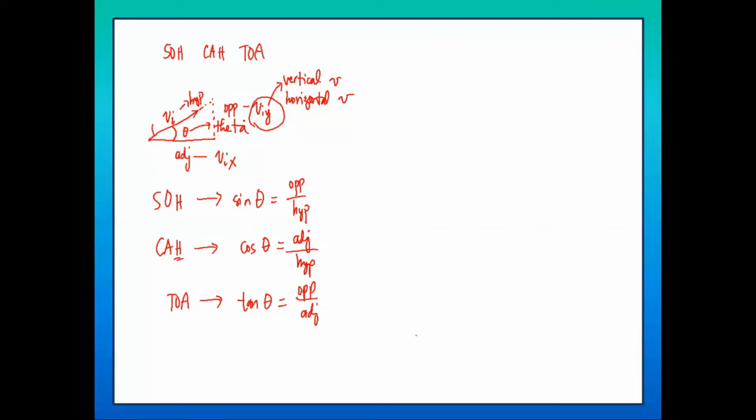So, if we're after v sub iy, sine theta is equal to v sub iy over your hypotenuse, your v sub I. Okay, so if we're going to simplify this one, cross multiplication, what will happen here is that this becomes v sub iy is equal to your v sub I sine theta.